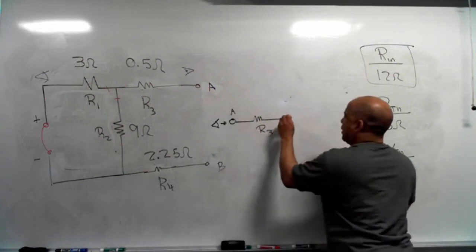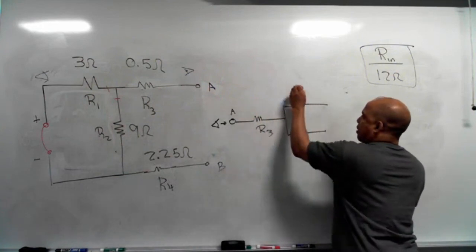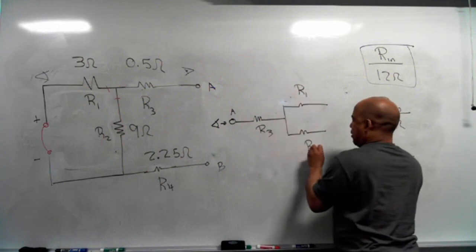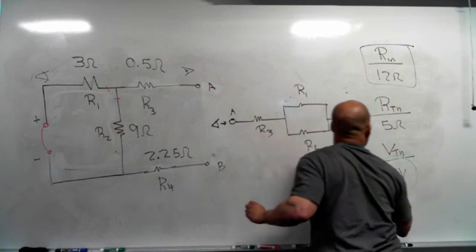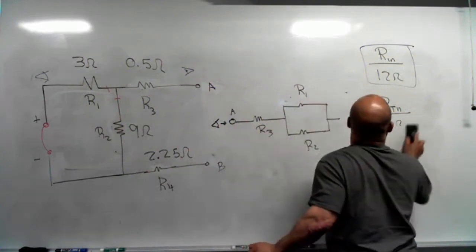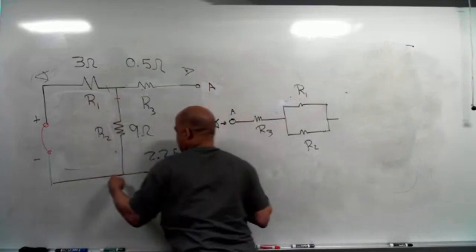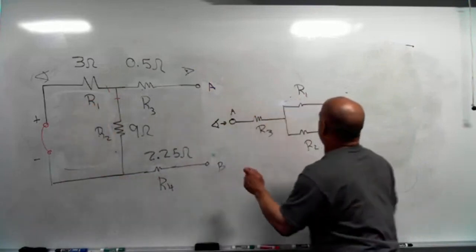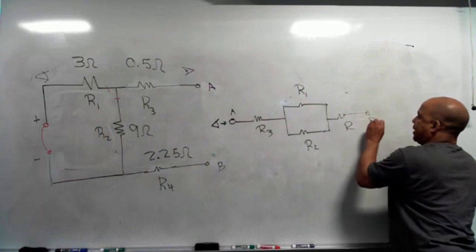So you're going to see these two in parallel, R1 and R2. And then after these two in parallel, you're going to see R4, and then you got B.